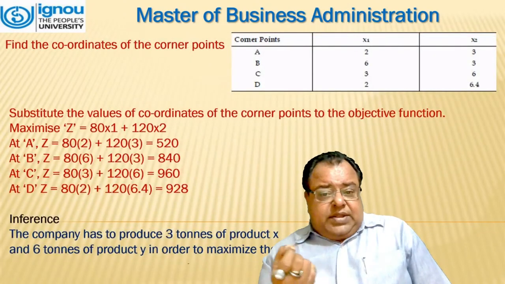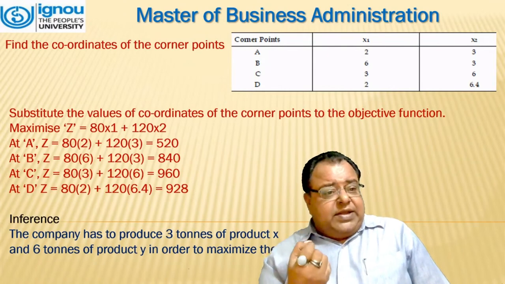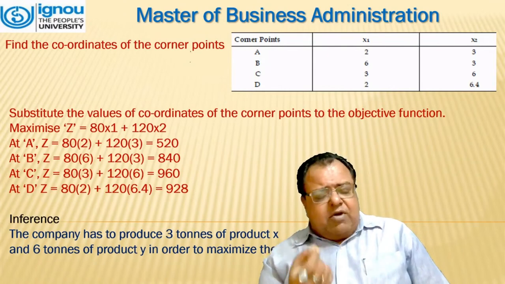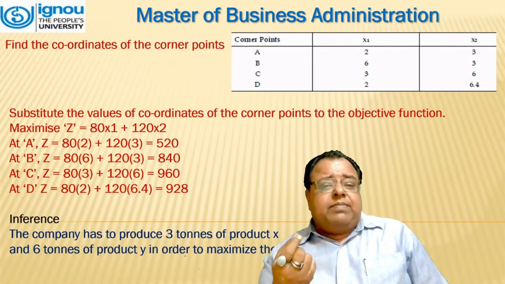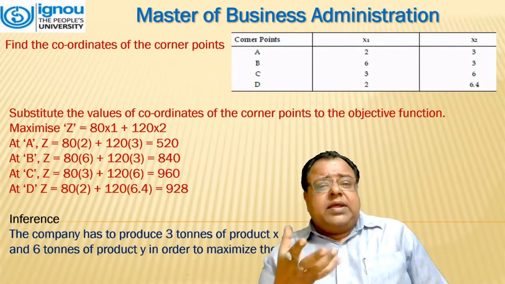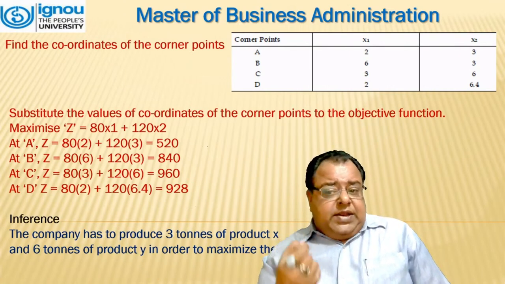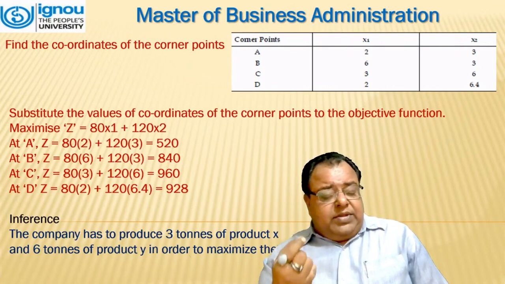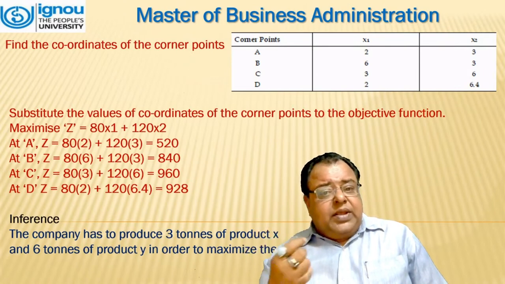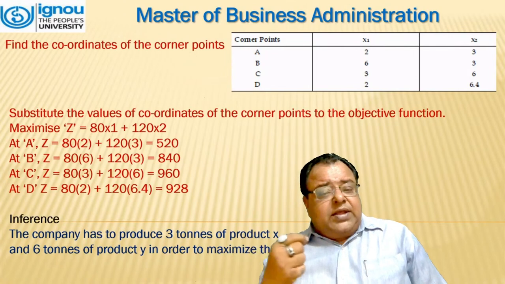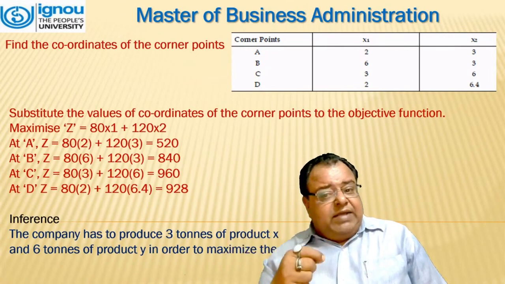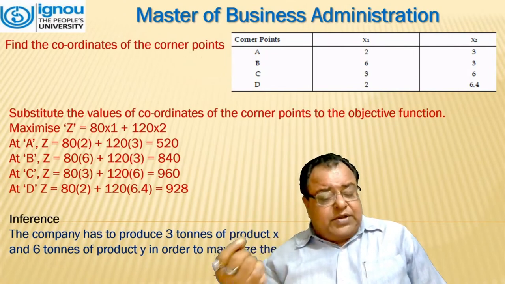On graph paper it can be plotted, and in that case there is no need of calculating it. For A, B, C, D we have to write their coordinates. A is X1 = 2, X2 = 3. B will be 6, 3. C will be 3, 6, and D will be 2, 6.4.